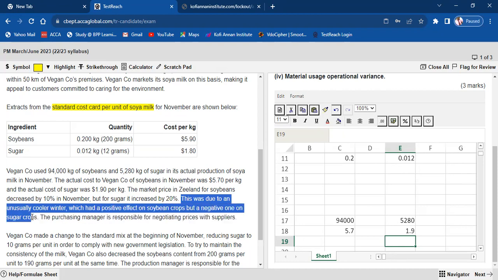The purchasing manager is responsible for negotiating prices with customers, with suppliers. Please, PM candidates should realize that colder winter is outside the control of the purchasing manager. So that is the examiner telling you that the budget for price has to be revised.